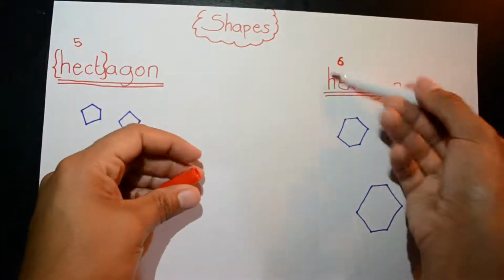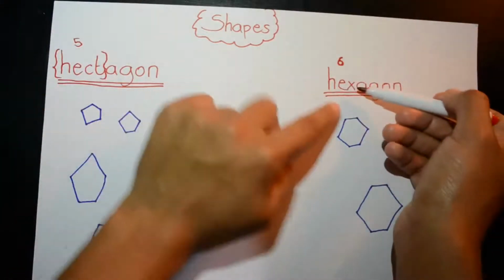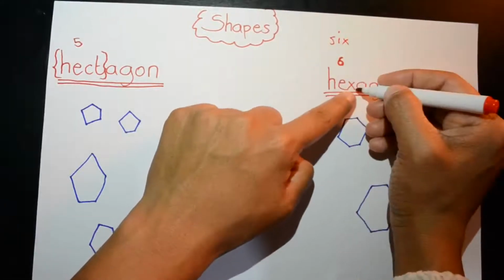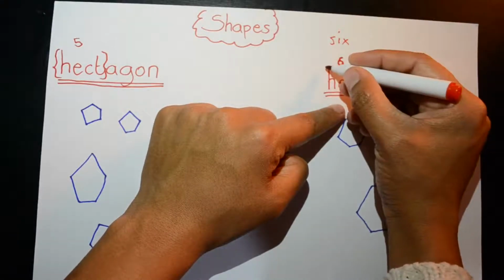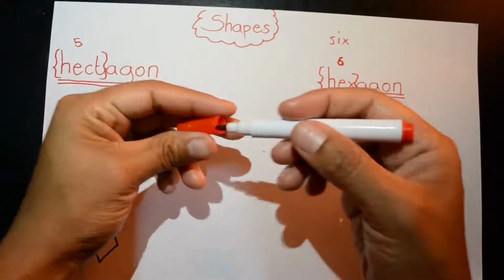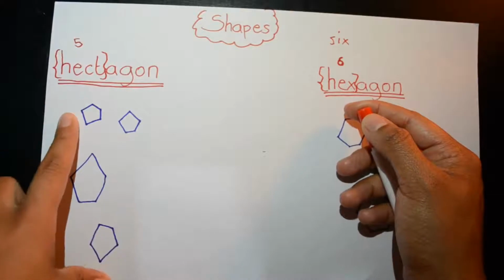And the easy way to remember between the two of these is that with hex, just like in the word 6, it has the x and there's your x, so you can just remember that it's 6 sides, right? Okay. And then for hectagon, you just have to remember that that's 5 sides.